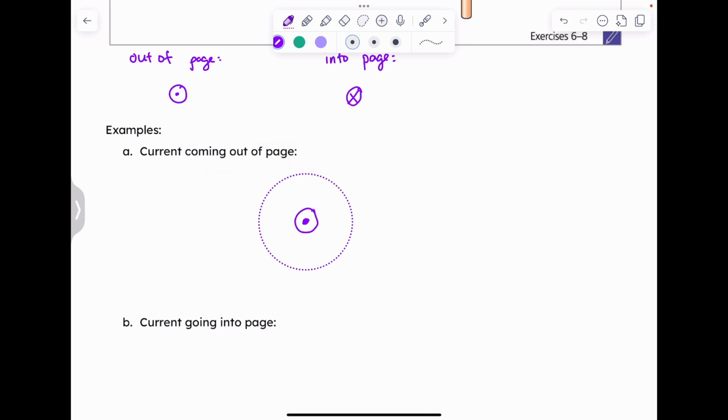So my magnetic field is going to be like this. I'm drawing this with all those little vectors tangent, but we're just going to say that the magnetic field is counterclockwise, CCW.